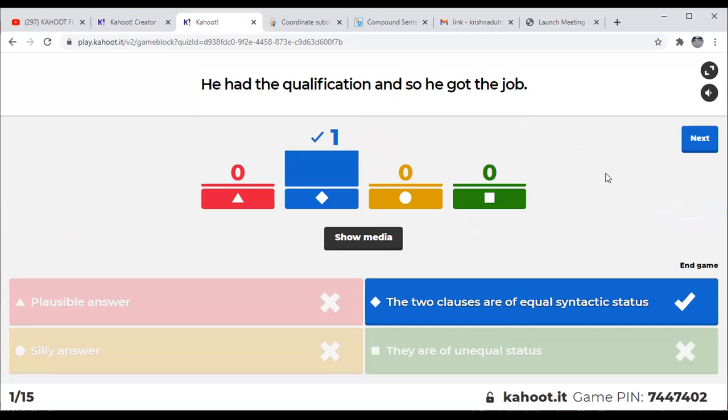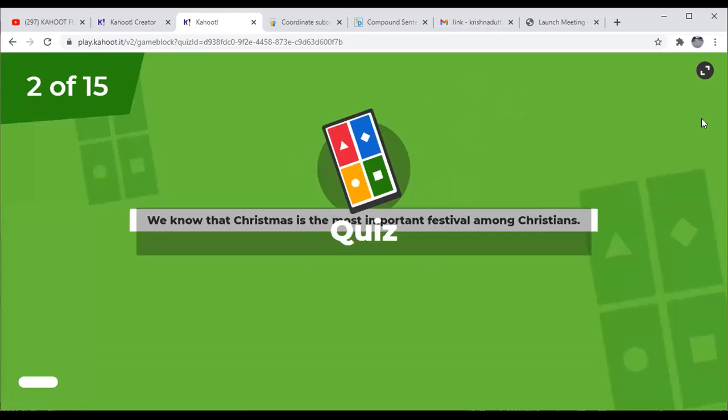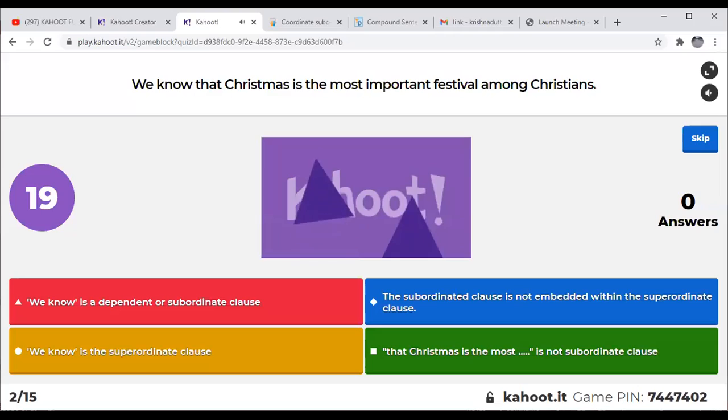Yes, yes. I don't know about the others. I forgot that we have to open two screens. Same here. I was also opening the same. What's the PIN number? The pin number is in the chat, and also given below it: 7447402.